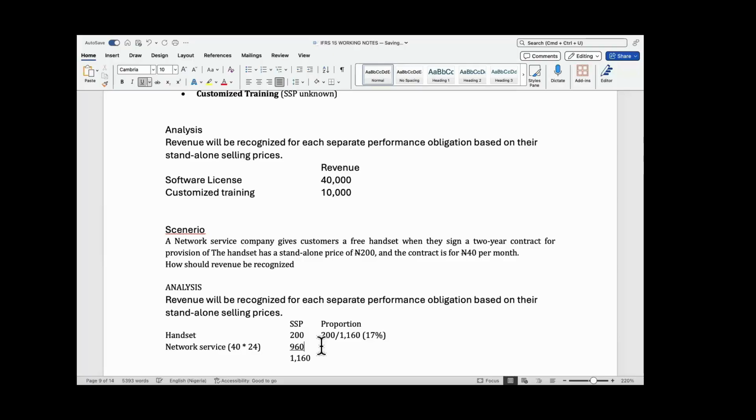It's 17.24%, approximately 17%. Approximately 18%, like approximately.